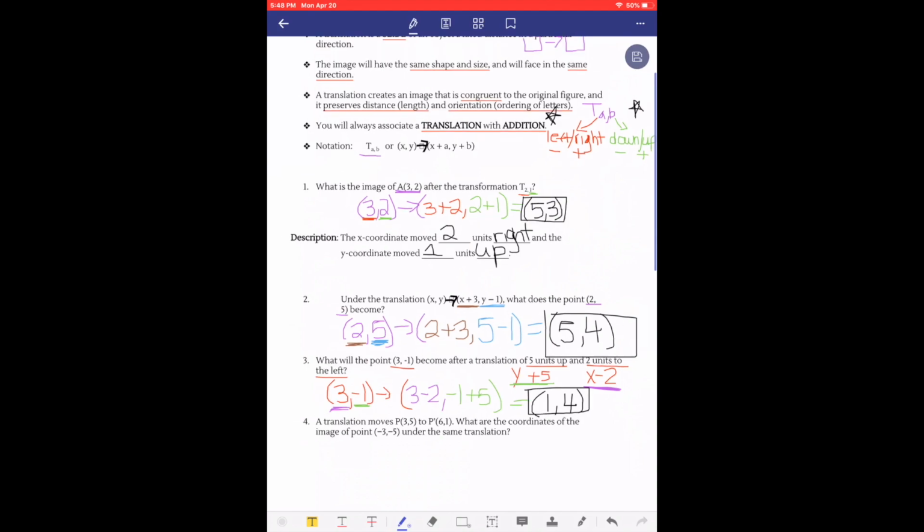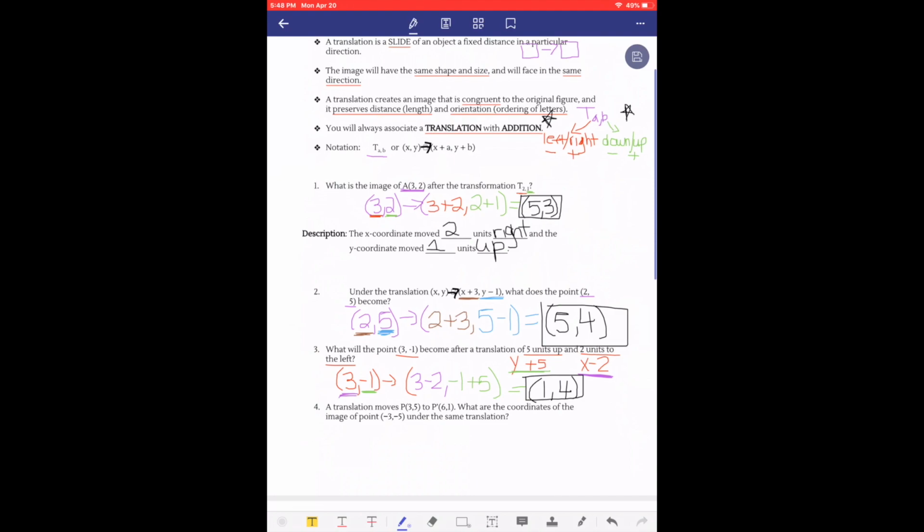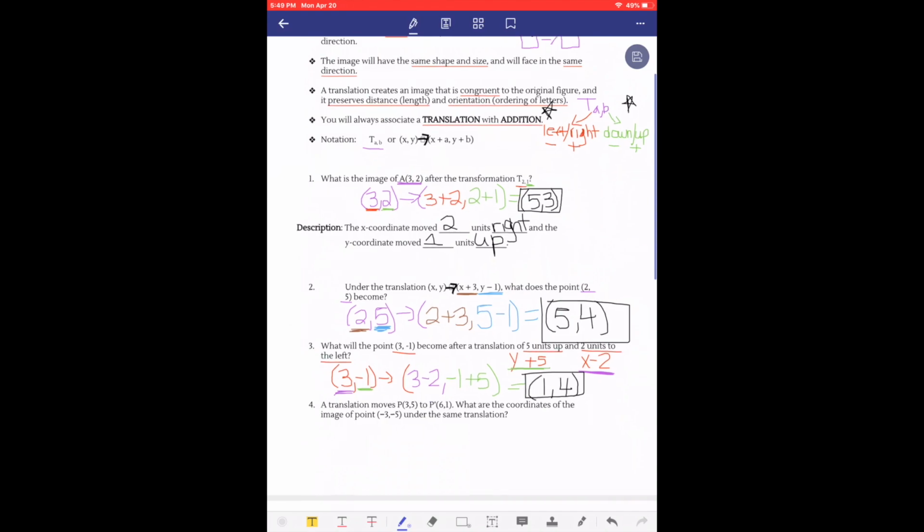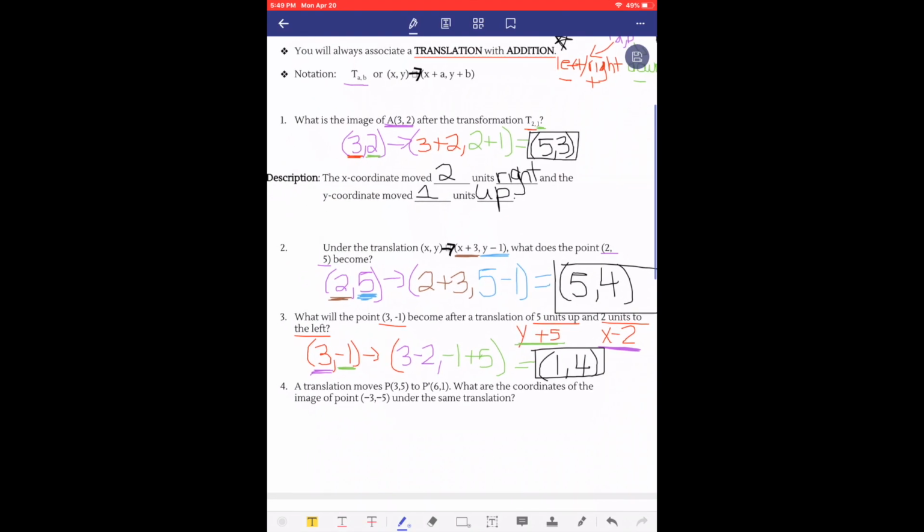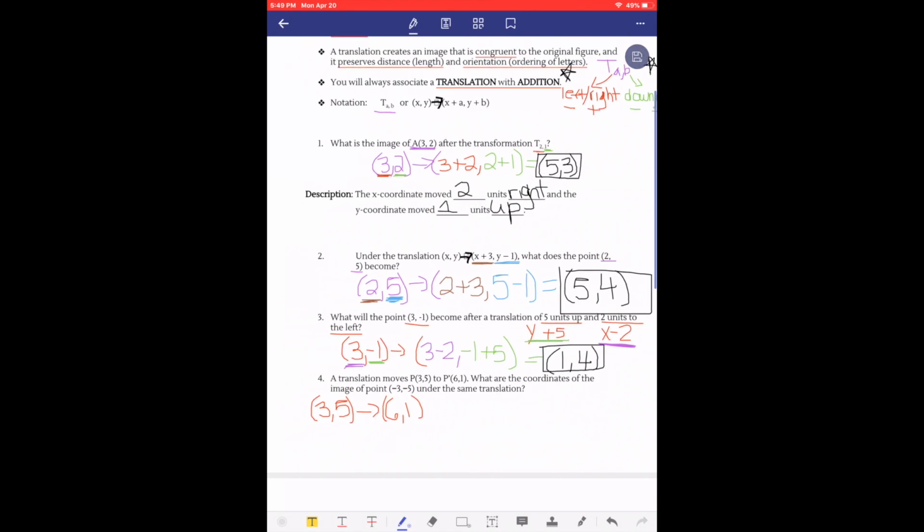For question 4, a translation moves P 3, 5 to P prime 6, 1. What are the coordinates of the image of the point negative 3, 5 under the same translation? So if I have the point 3, 5, and then it became 6, 1, you want to see how it was moved.